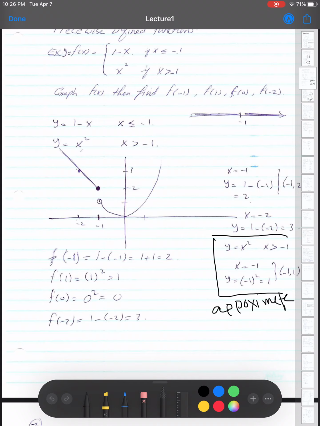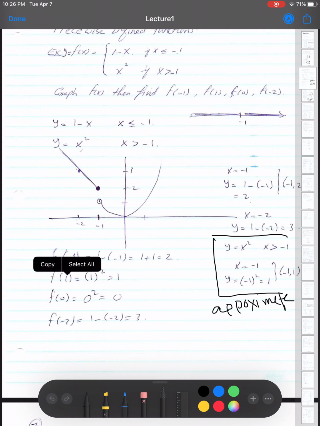We find 2. Same thing, x equal to negative 2 also goes to this function, in the domain of that function. So 1 minus x, the x value is negative 2, so we substitute x with negative 2 and we get 3.